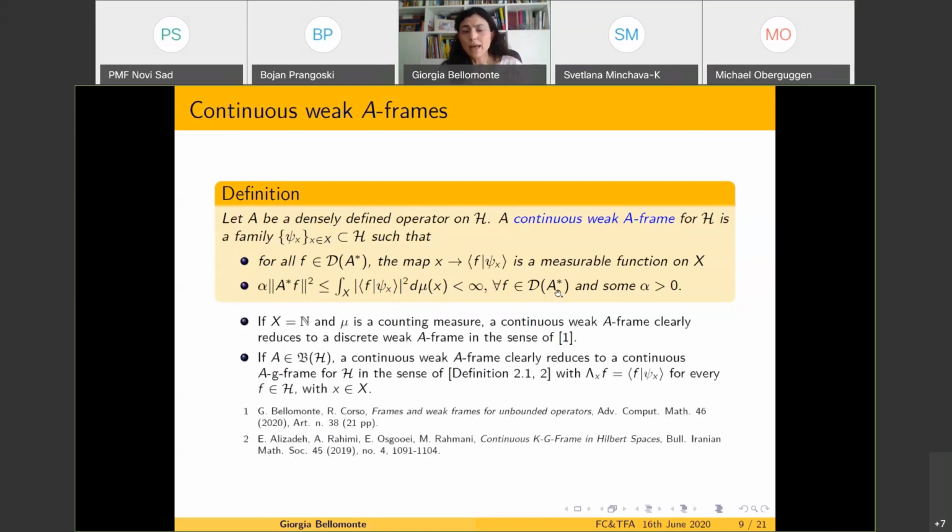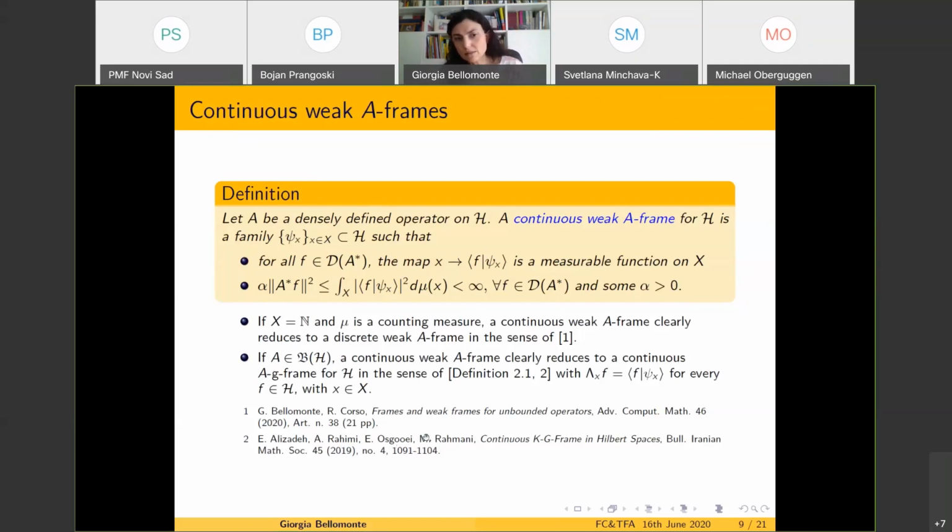Of course, if X is the set of natural numbers and mu is the counting measure, a continuous weak K-frame reduces to a discrete weak K-frame in the sense of the work with Rosario Corso. And if A is a bounded operator, a continuous weak K-frame is an AG-frame for H in the sense of Alizadeh, Rahimi, Osgooei, and Ramani.